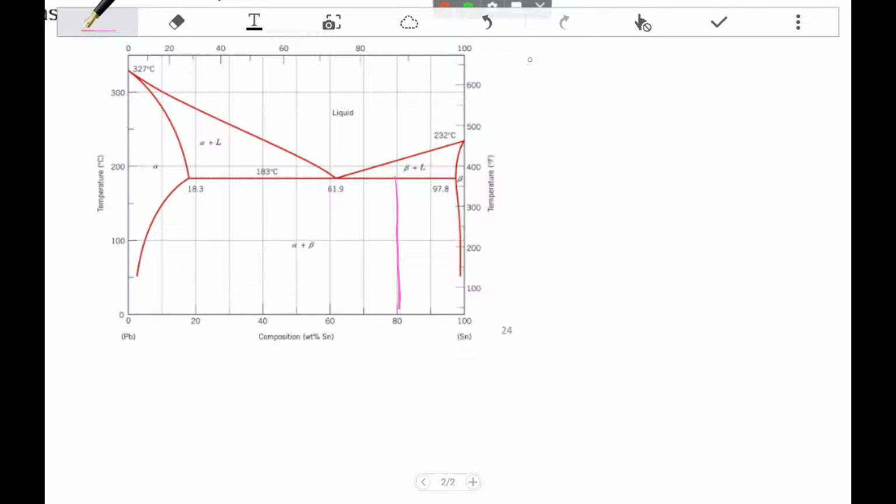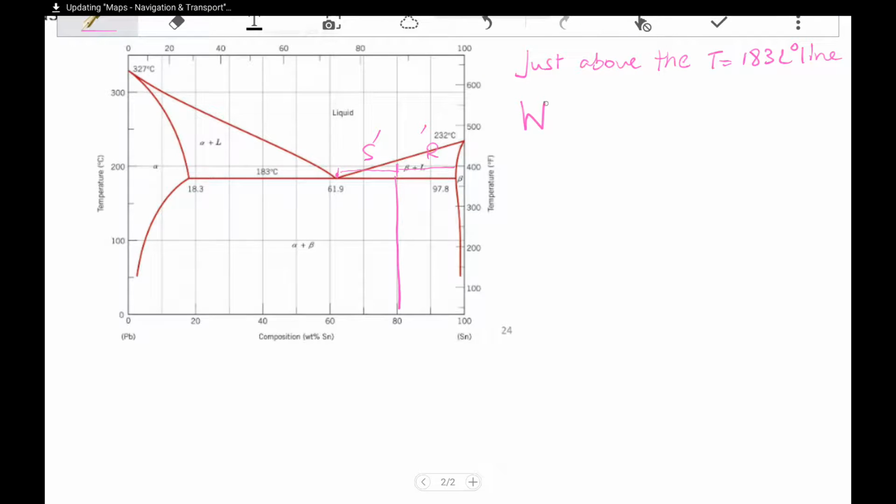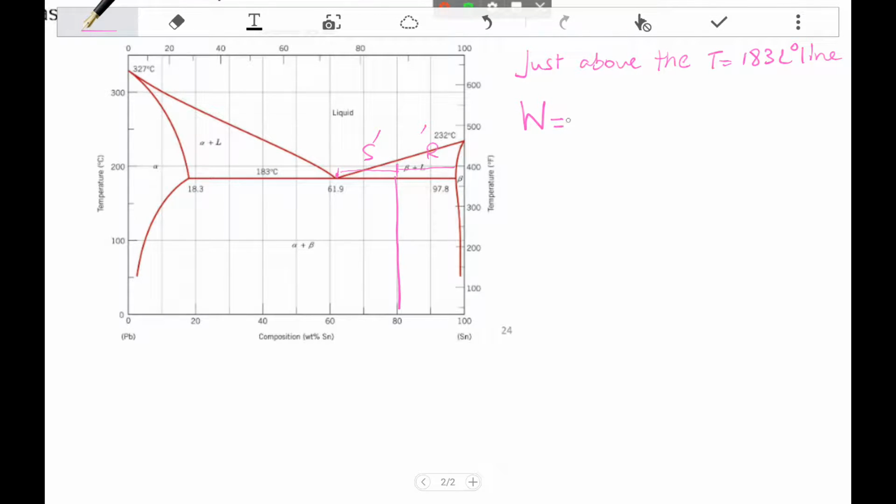First thing we're going to do is look just above the eutectic line. I'm going to call that the T equals 183 Celsius line. And just above that, we're going to have S' and R'', and then we're going to try and find the weight fraction, or mass fraction, of beta.